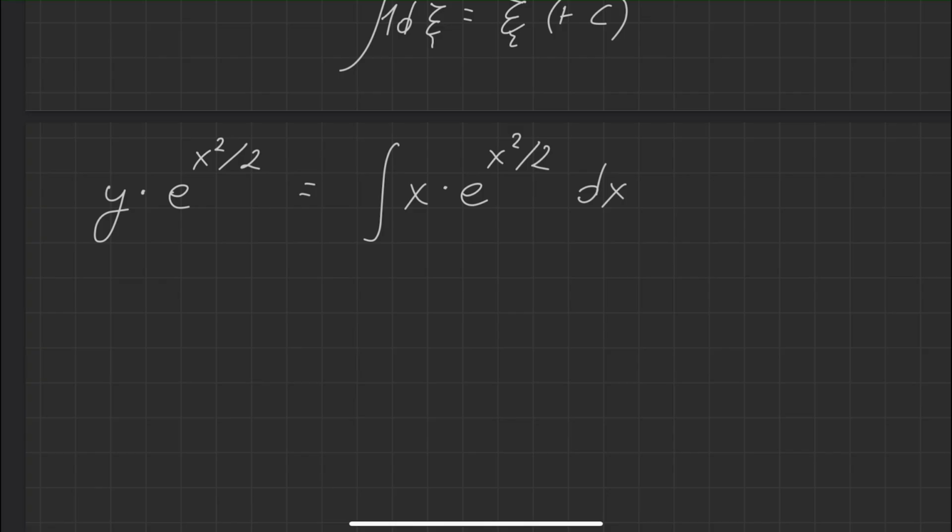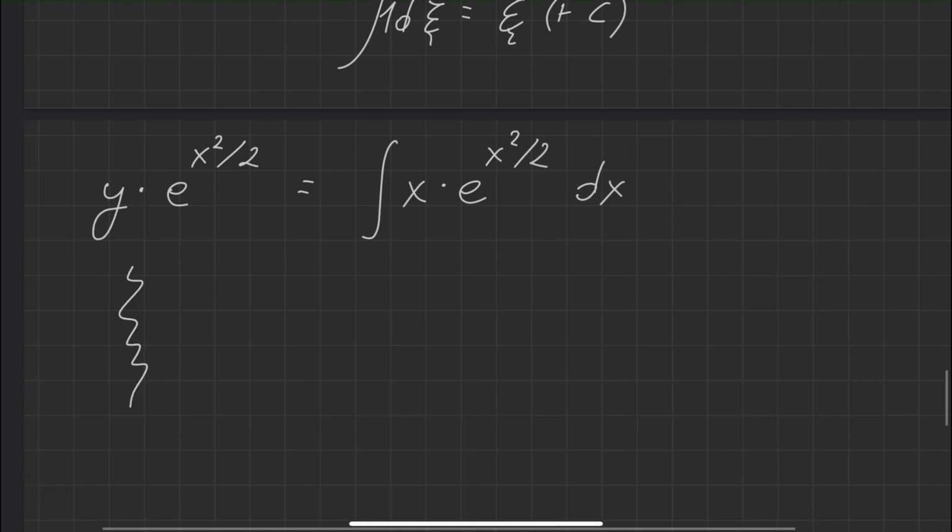We can see that there's some kind of an inner function that is vaguely similar to our product function. So let's do a substitution of x squared divided by 2 equals u. And of course we take the derivative of u with respect to x, and this is simply equal to x.